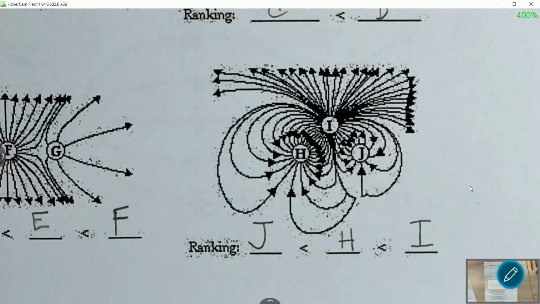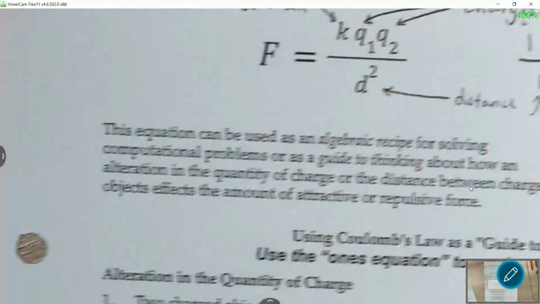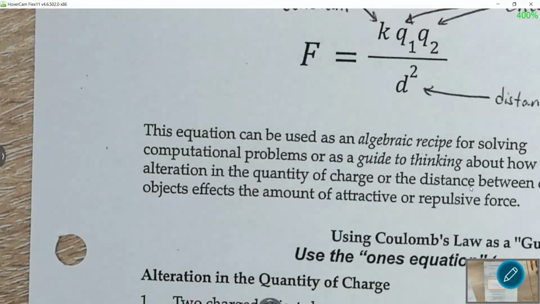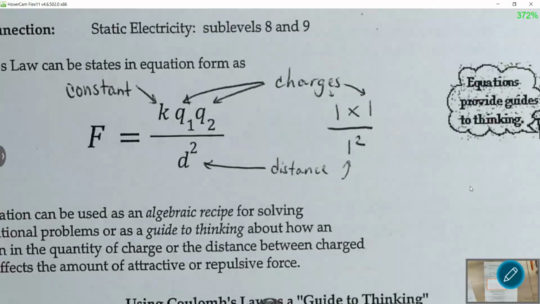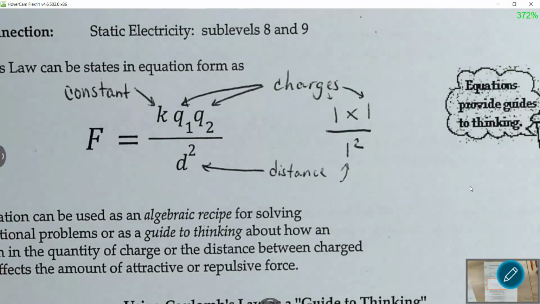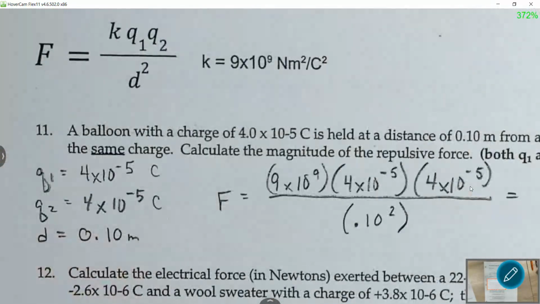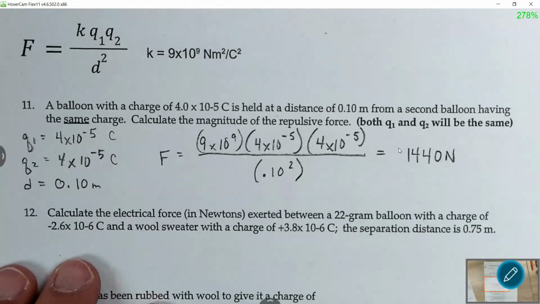That's going to be this paper here, which is coming to you guys right this second. We are going to take a look at these. So again, Coulomb's law, when you are solving for it in totality, which would be an example on the back side, these would be some normal problems.